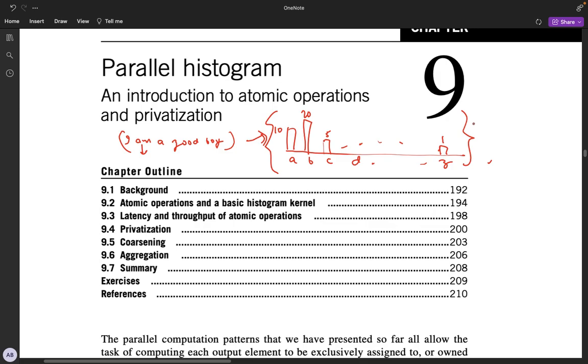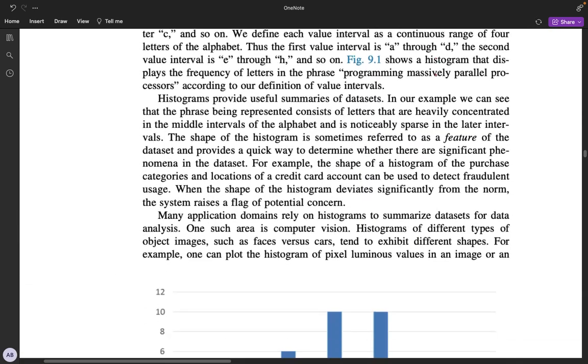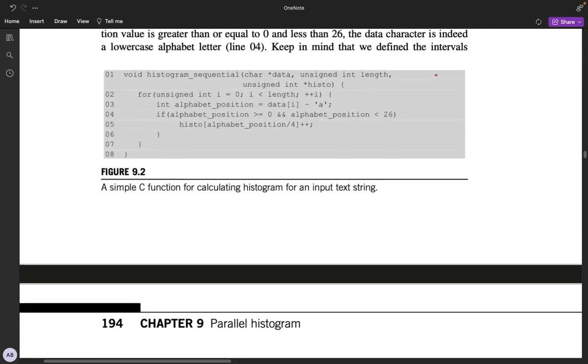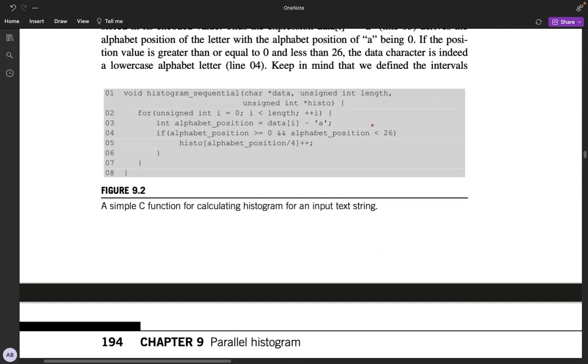The easy way in serial programming would be something like this simple C function, where we iterate over the length of the document.